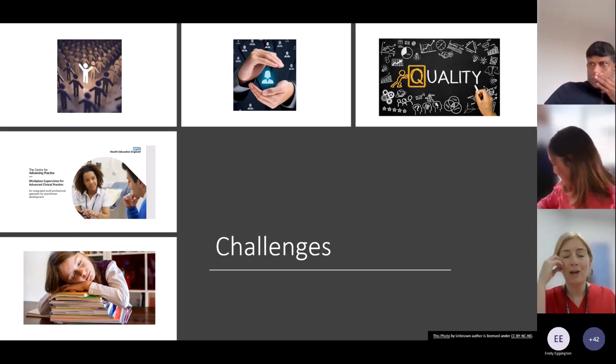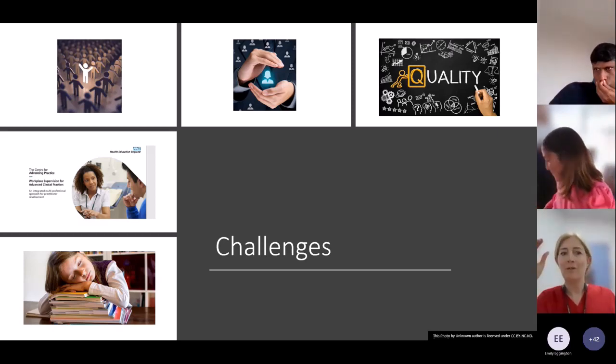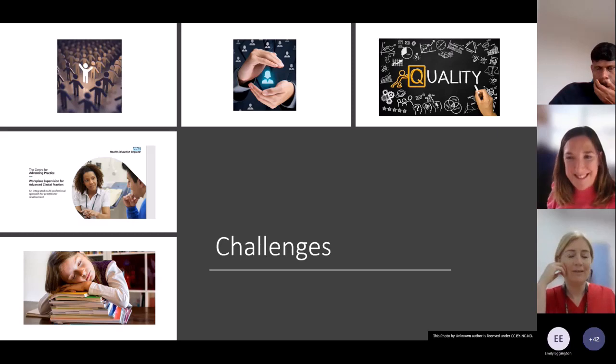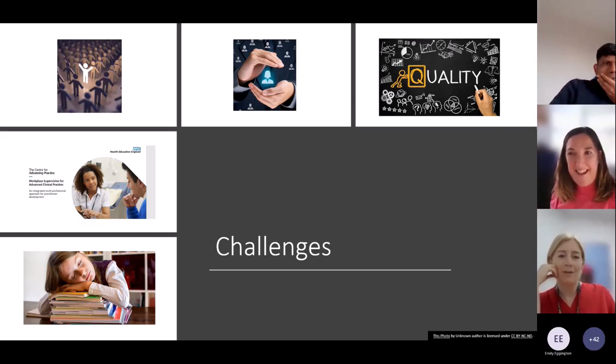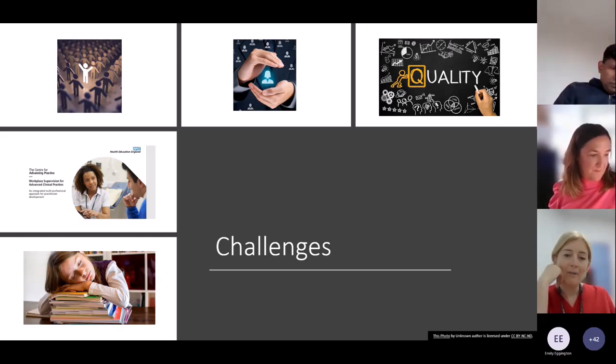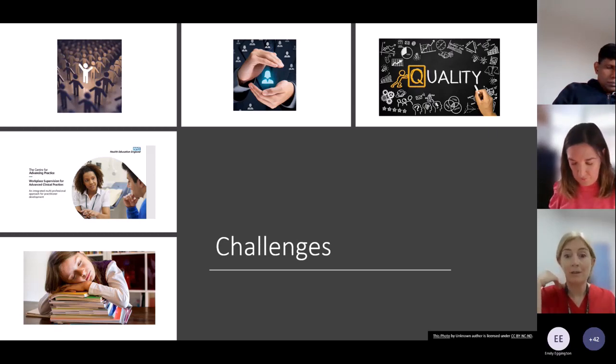The picture at the top right depicts the fact that we are seeing so much supervision burden now in our healthcare settings. It's not just our ACPs, it's our doctors in training, our undergrad nursing, physio and radiology students, and the increase in non-medical prescribing, which has a big impact on supervision needs.